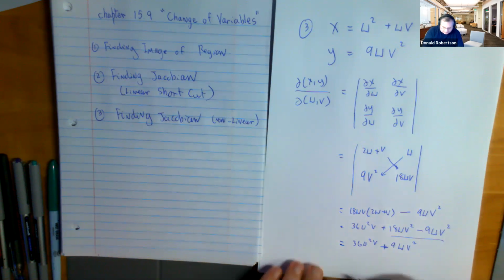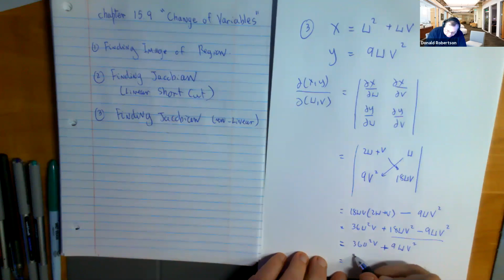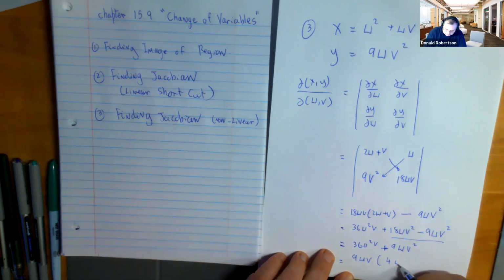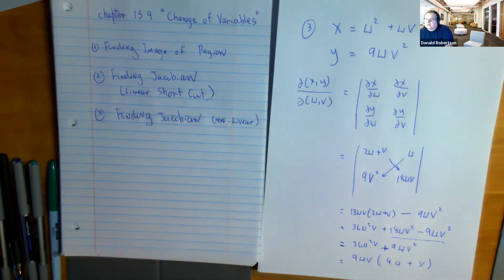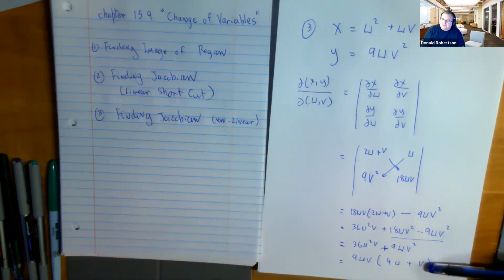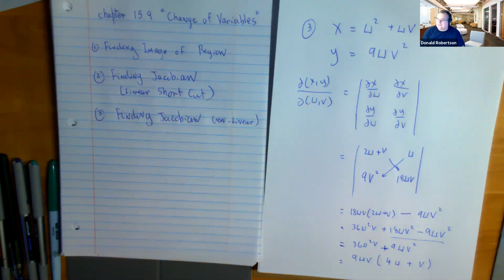I'm quite happy with that, but if you're a purist, I guess you could factor it, right? I don't think that's actually going to help you when you integrate. So you probably should just leave it like that.